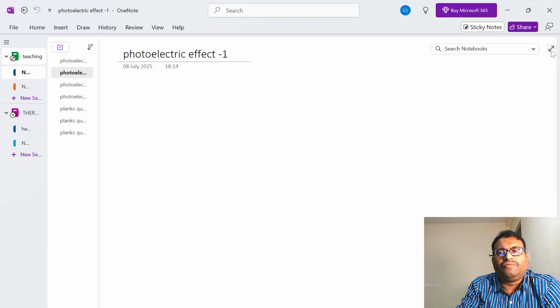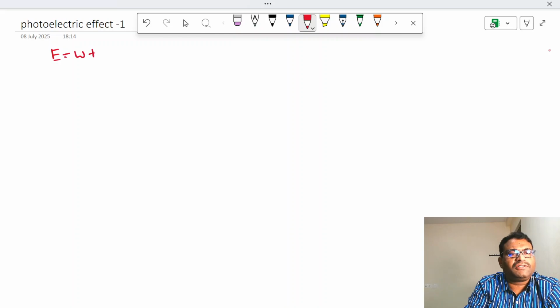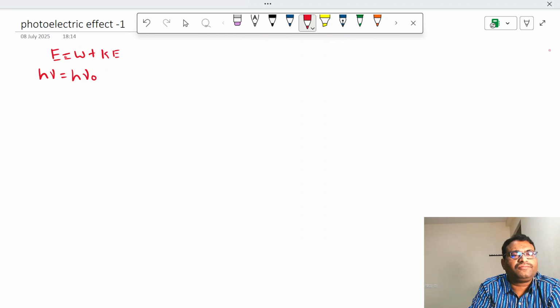So now we discussed E is equal to W plus K. E is equal to h nu from Planck's quantum theory. W is also energy, h nu naught, plus K. So what is nu here?